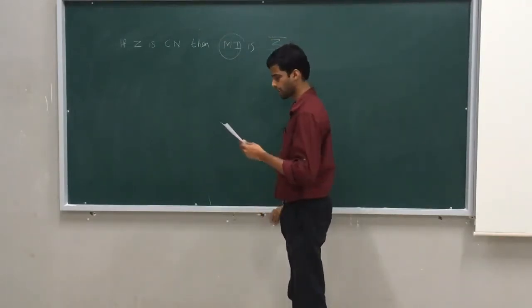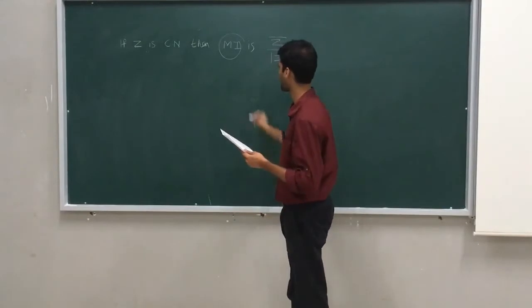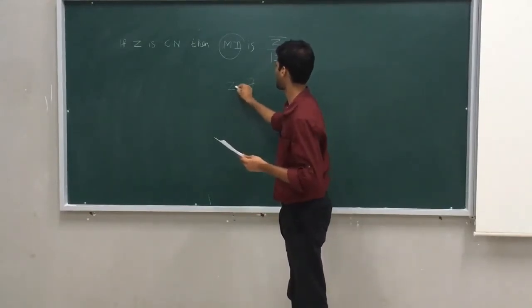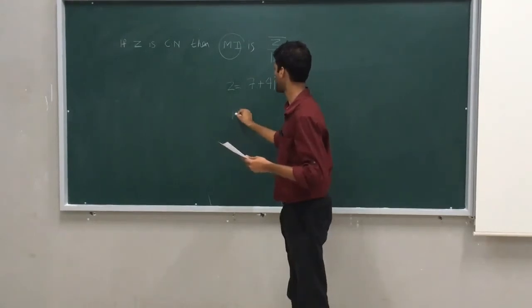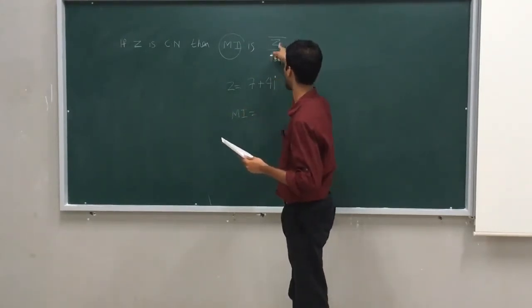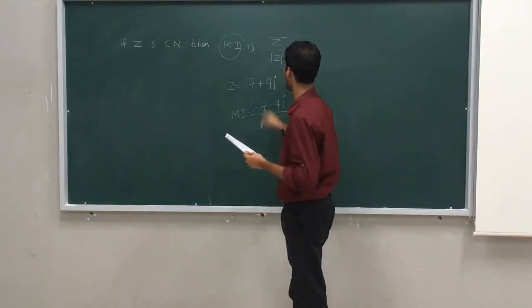They have given 7 plus 4i as z, which is already in standard form. Its multiplicative inverse is given by z bar, meaning 7 minus 4i, divided by mod z the whole square.